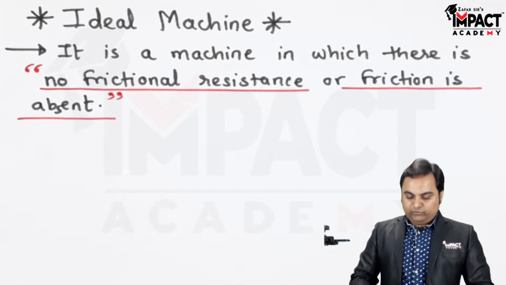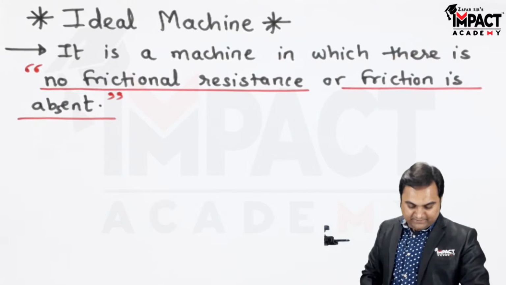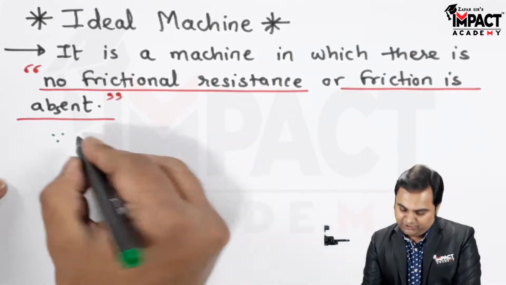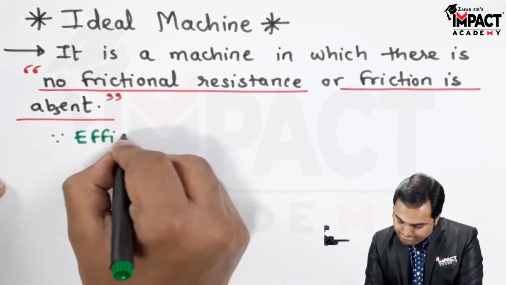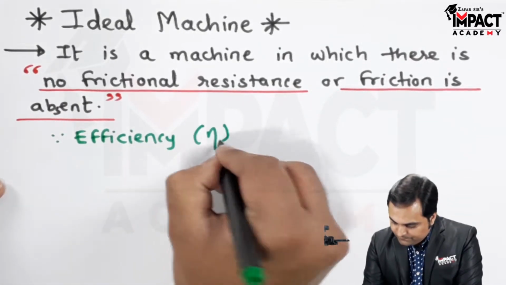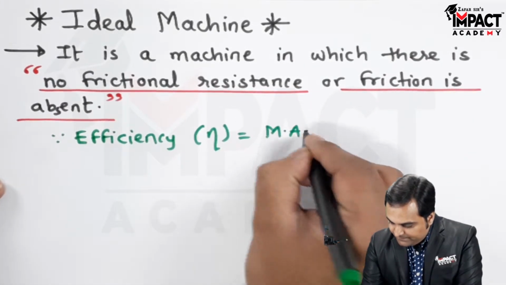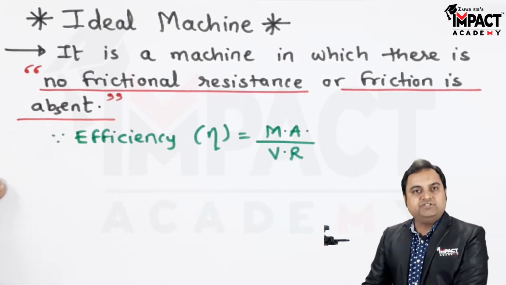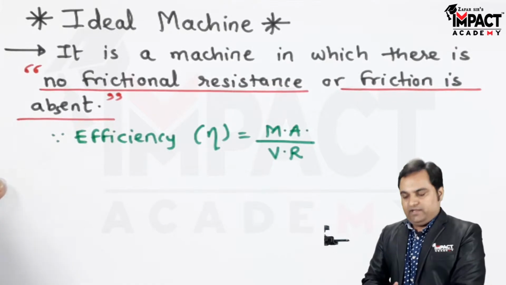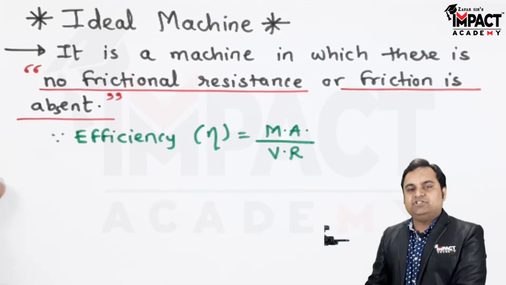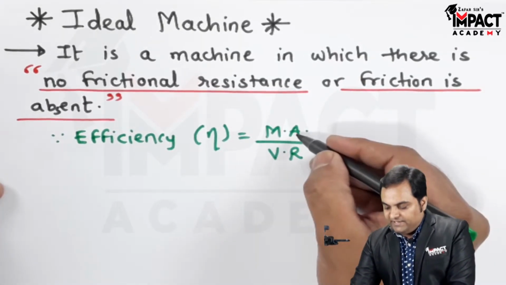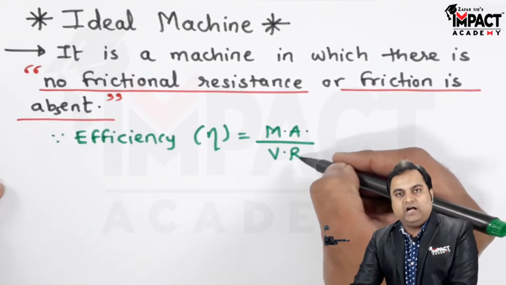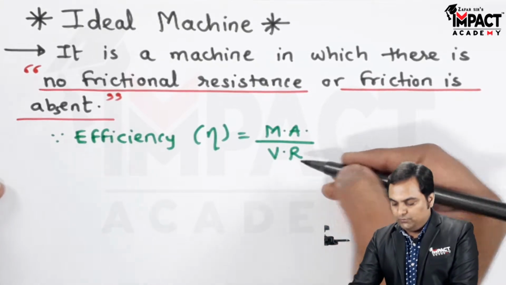Now what would be the effect of this is that, since efficiency of a machine is given by MA upon VR, that is mechanical advantage and velocity ratio, if it is not an ideal machine, in that case the mechanical advantage value will always be less than the VR or the velocity ratio value.